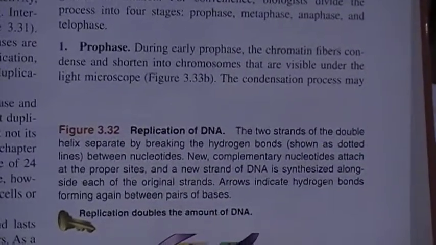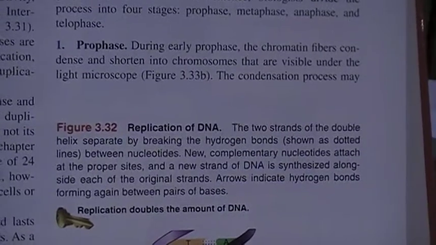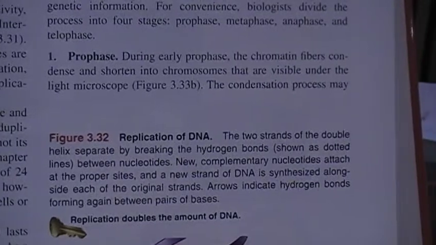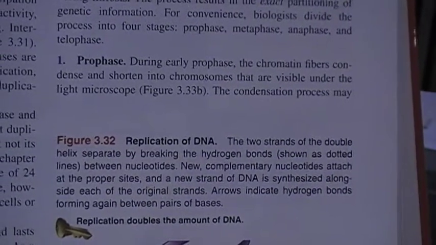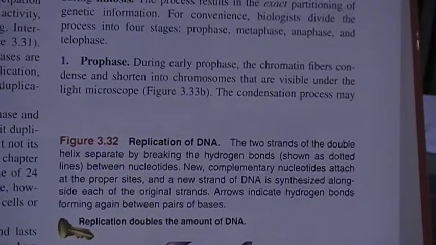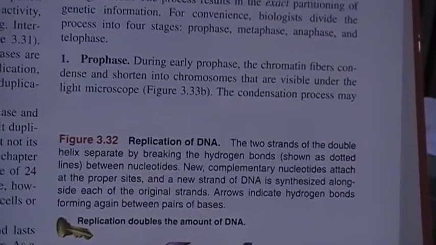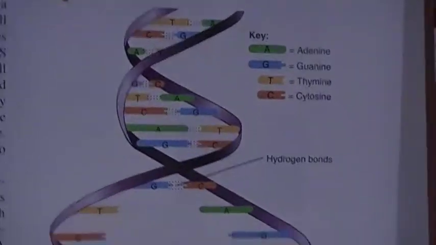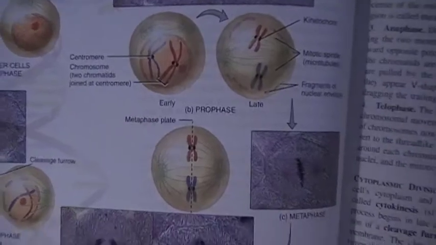During prophase number 1, there's an early prophase and a late prophase. The chromatin fibers condense and shorten into chromosomes that are visible under the light microscope.